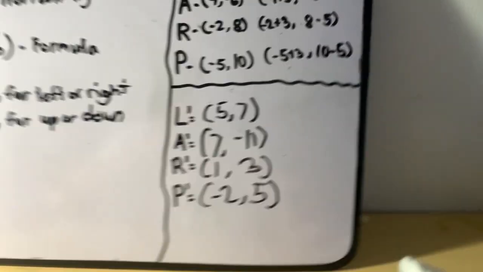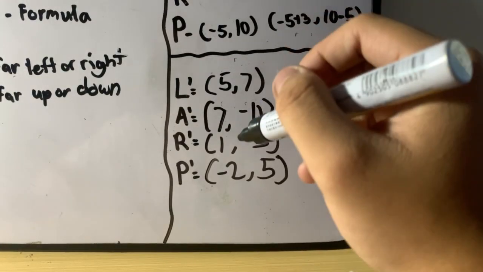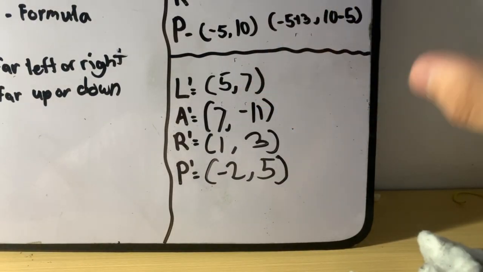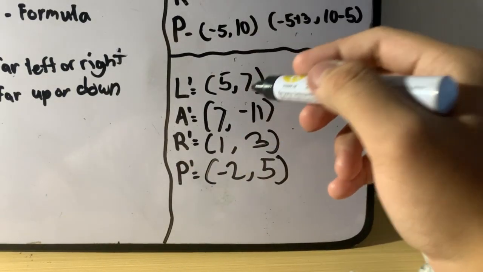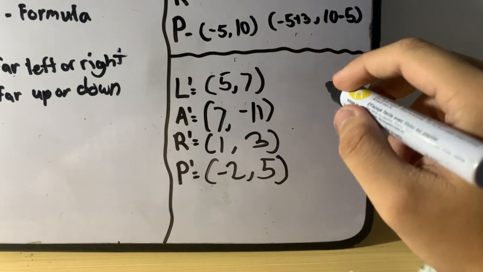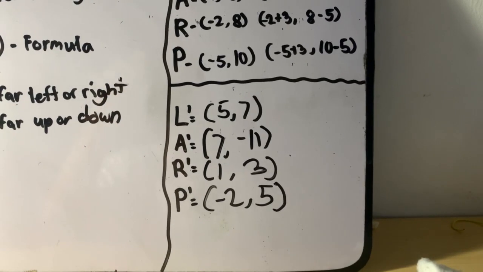So I'm too lazy to put this on a Cartesian plane, but if you put it on a Cartesian plane, you'll see that its size did not change. It's just the positions that changed. So if you want to try it out yourself, graph it in your notebook if you have graphing paper, and you'll see why I said it is the same size, just in a different position.